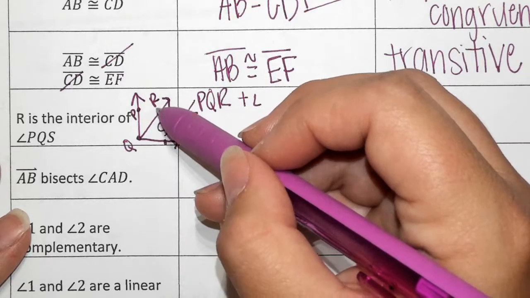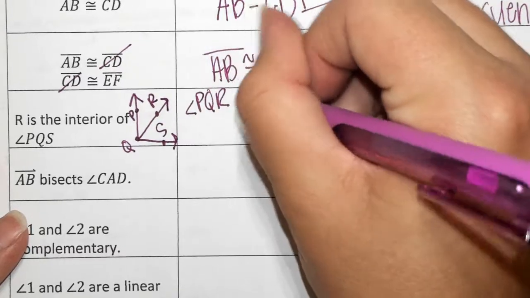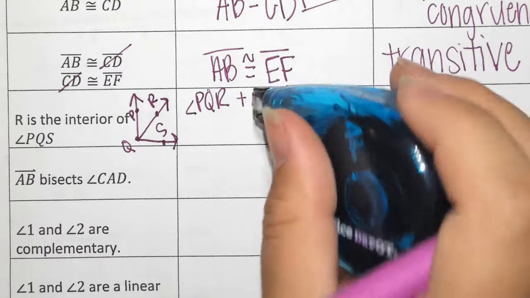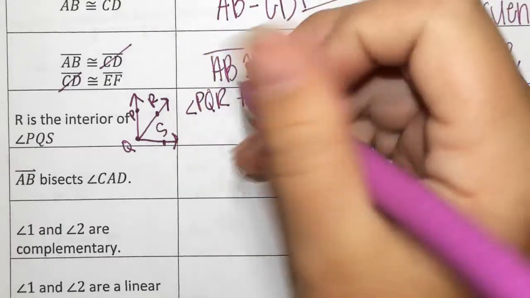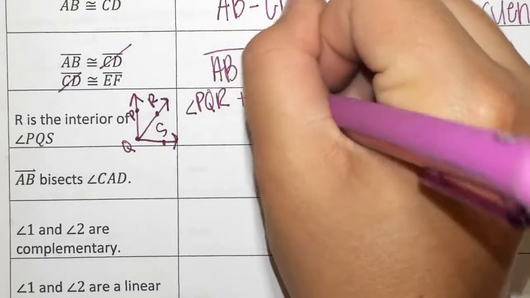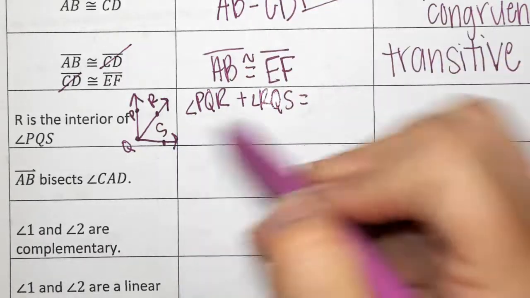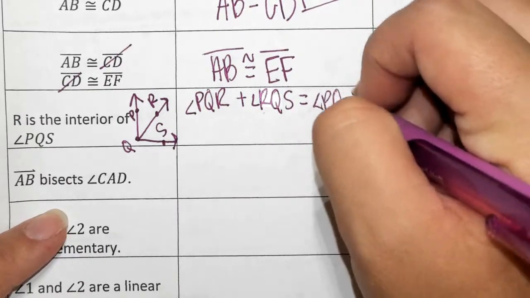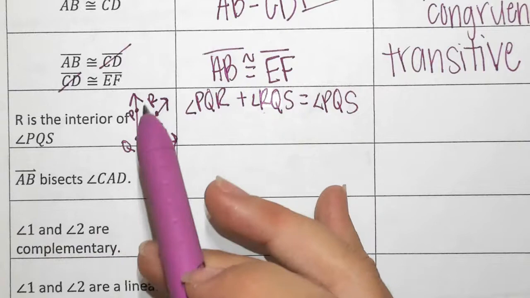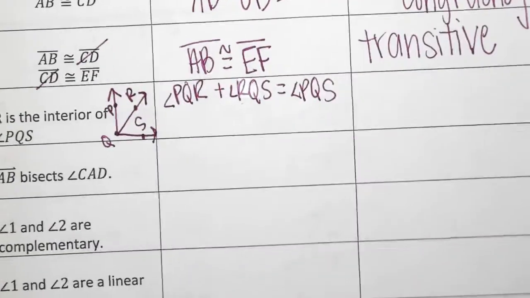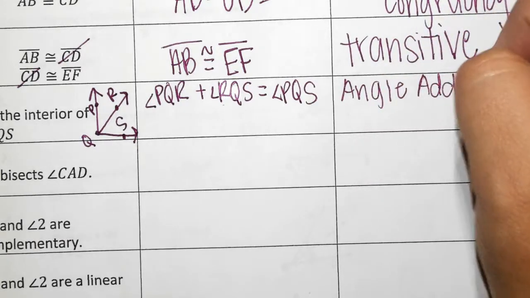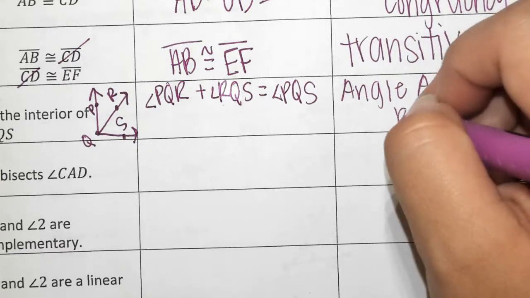Angle RQS. When I add those two together, it equals PQS. It equals that whole thing. So you can add two angles, and it will equal the whole angle. It's called angle addition postulate. So you have segment addition and you have angle addition.